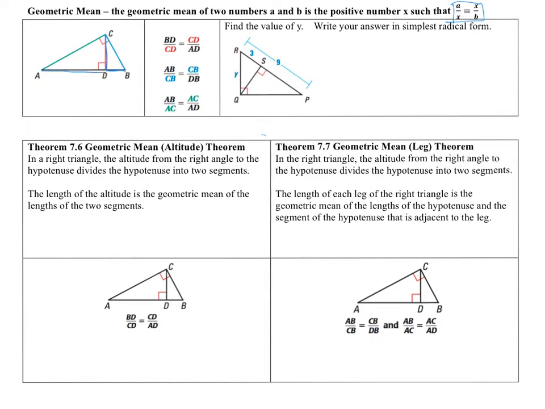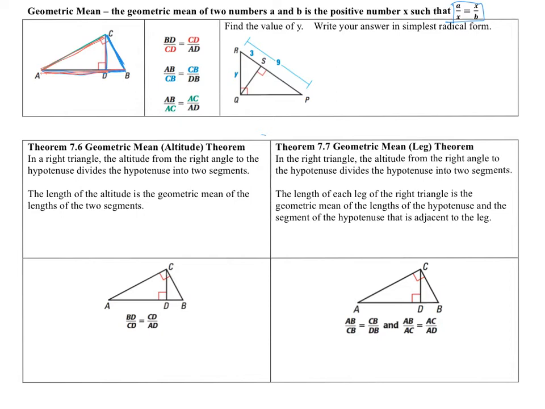And when CB is the geometric mean, then we have AB to CB equals CB to DB. And when AC is the geometric mean, we have AB to AC, and then AC to AD.